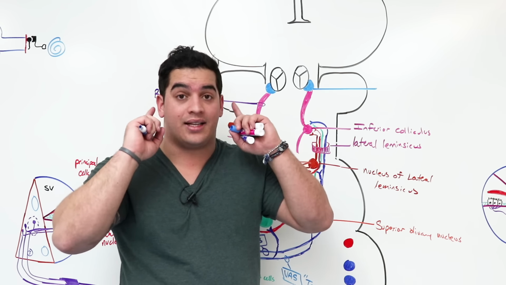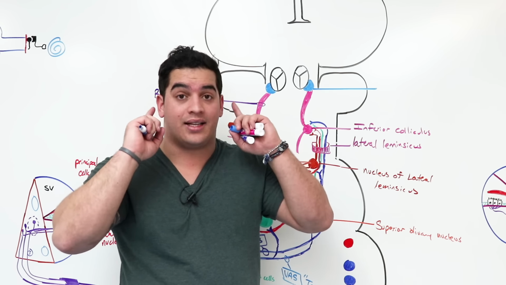So think opposite for the nucleus. My ears are lateral to my eyes, so the nucleus right there has to be the medial geniculate nucleus. Okay, so they call this structure here the medial geniculate nucleus of the thalamus. Here's your thalamus, and there's a nucleus situated on it called the medial geniculate nucleus.